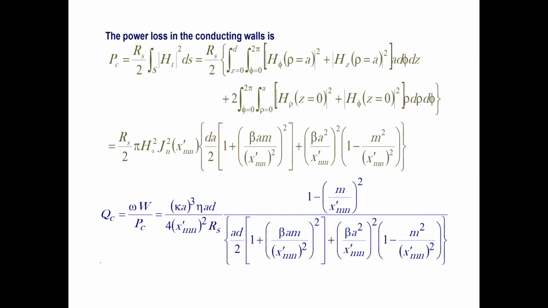And similarly, we can calculate the power in the conductor loss, which basically depends upon the resistance and upon the tangential component of H fields to any conducting walls, because those create the surface currents over the surface of those walls.